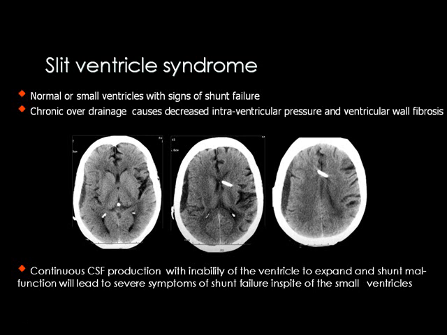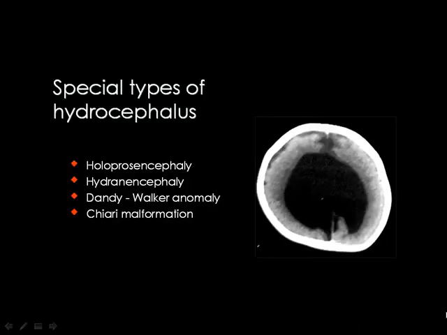Then there is a marked increase in the pressure in the ventricle, which cannot expand. This is what we call the slit ventricle syndrome. The patient will complain of severe symptoms of hydrocephalus, in spite of the ventricles being markedly attenuated. At that time you can say this is a slit ventricle syndrome.